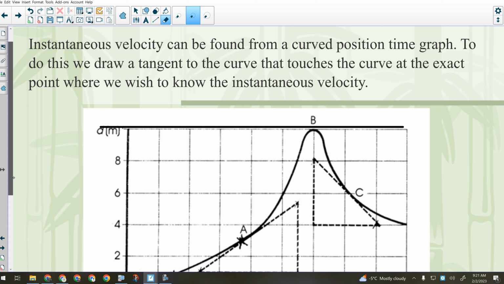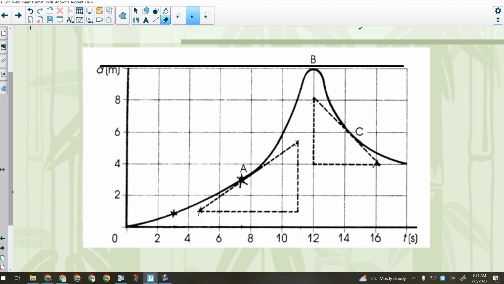All right, when we were talking earlier about what the shape of graphs can mean, we've got a position versus time graph here, and it's all curves. So what is this object doing basically the entire time? Moving. Yeah, it's accelerating.